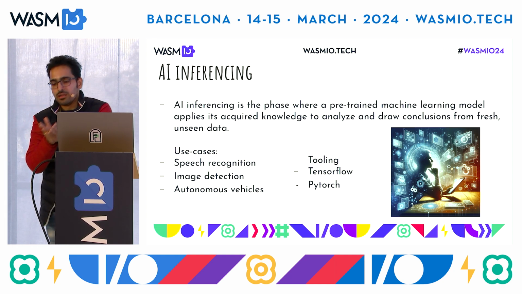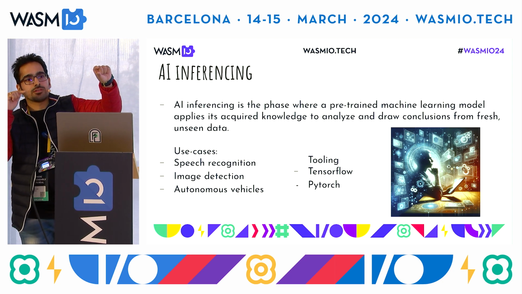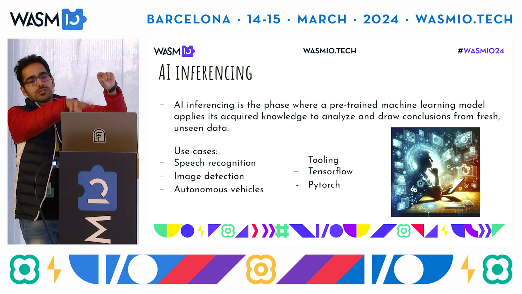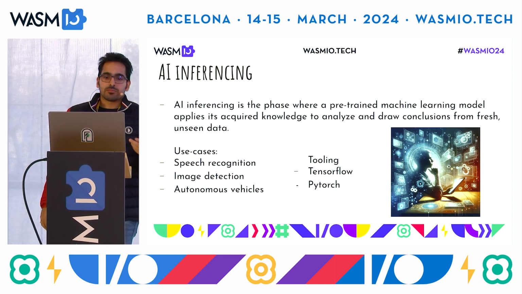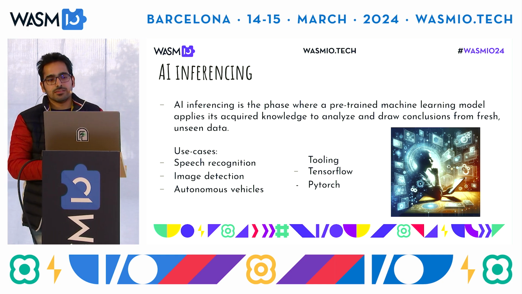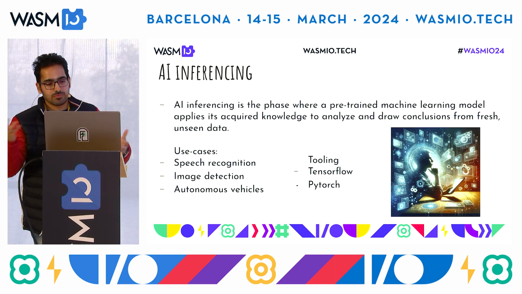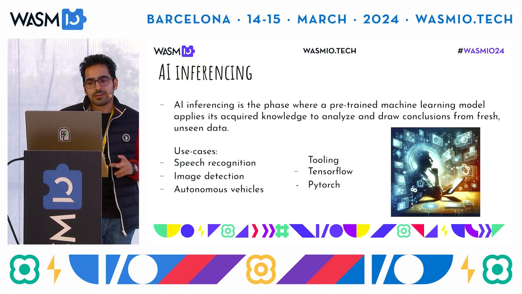You have a model and you want to use that model, so any input that comes goes to that model and gives you the output from that pre-trained model. For example, speech recognition, image detection, autonomous vehicles. There are a lot more use cases, but these are some of them. So this is AI inferencing.